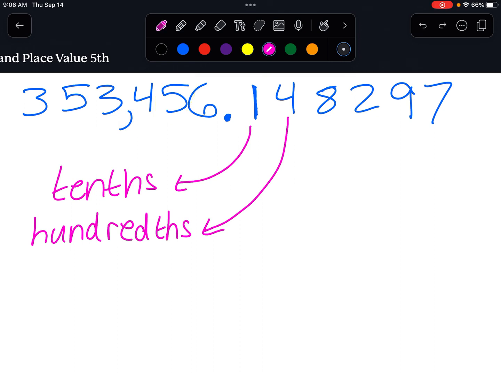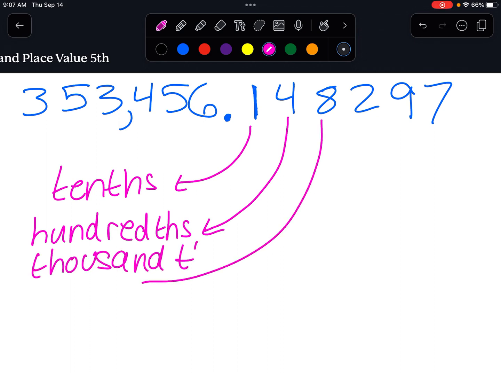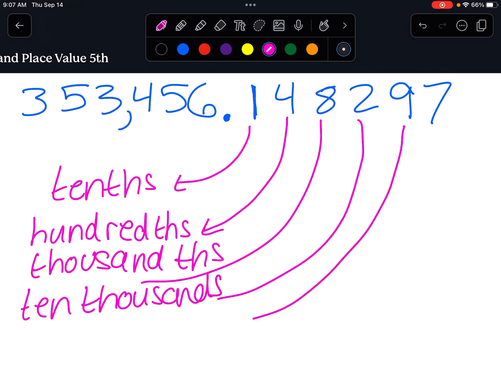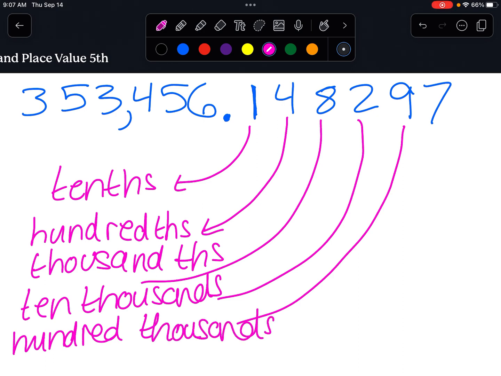All right, hundredths, so we've got tenths, hundredths, thousandths, 10,000ths, 100,000ths, look at me writing incorrectly, millionths.